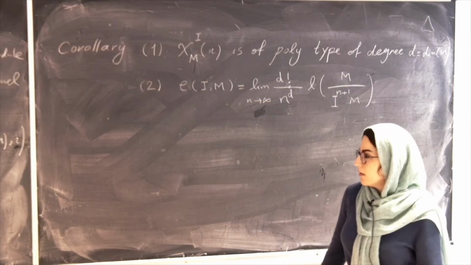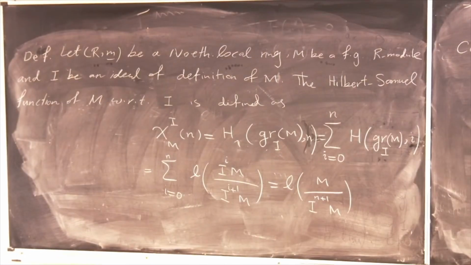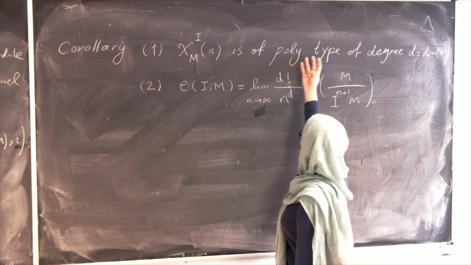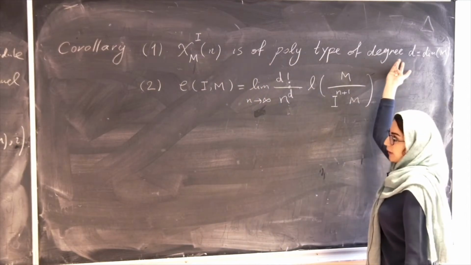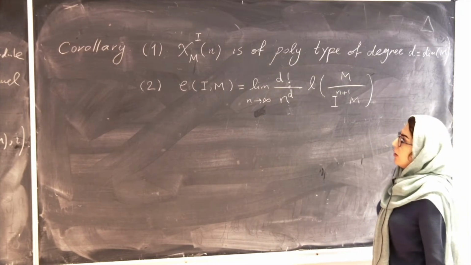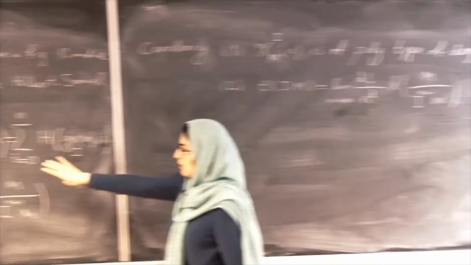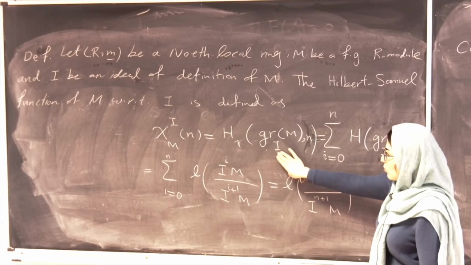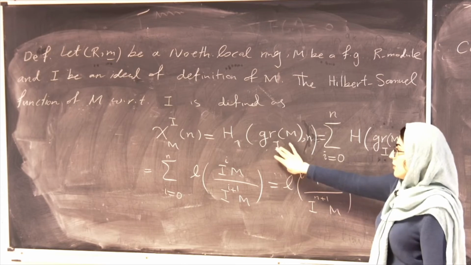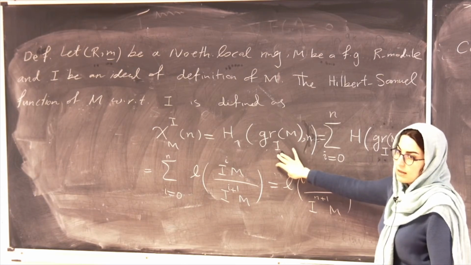Why? Because this is just the first iterated Hilbert function, and yesterday we saw that the first iterated Hilbert function is of polynomial type of degree the dimension of the module. But which module? Our graded module is the associated graded module of M with respect to I, but this module has the same dimension as the module M itself.